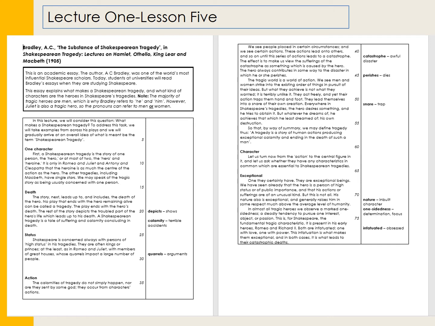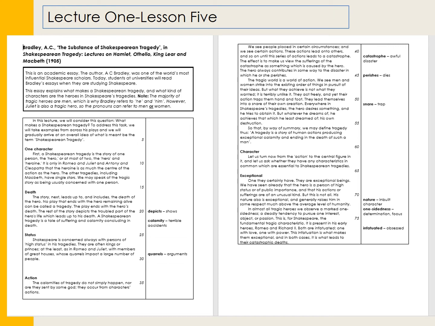Everywhere in Shakespeare's tragedies, the hero desires something and he tries to obtain it, but whatever he dreams of, he achieves that which he least dreamed of, his own destruction. So that, by way of summary, we may define tragedy thus. A tragedy is a story of human actions producing exceptional calamity and ending in the death of such a man.